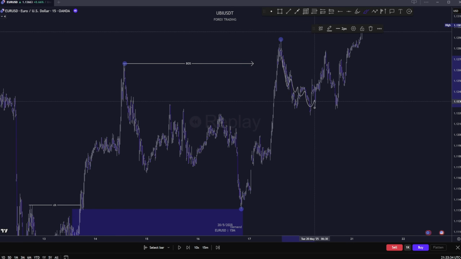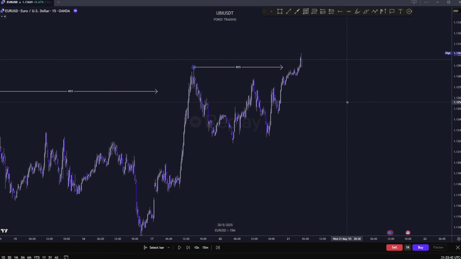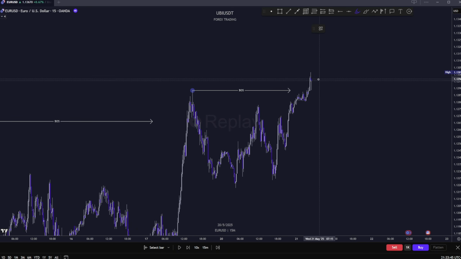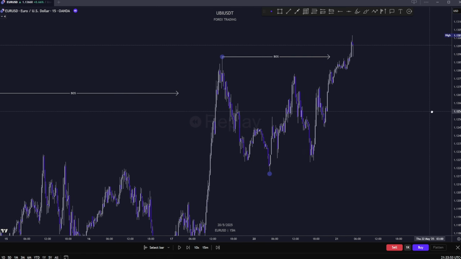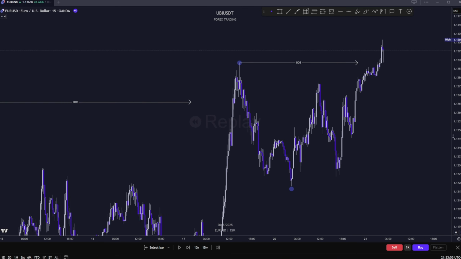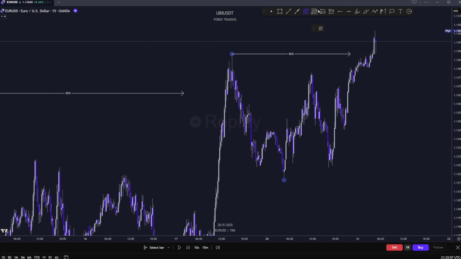Price gave us correction and then impulse, and price broke the structure. So what does it mean? It means that now price printed new higher high here, and now our higher low has switched to here. And we have new leg available right here. Let me mark. So from here to here, this is now our leg.